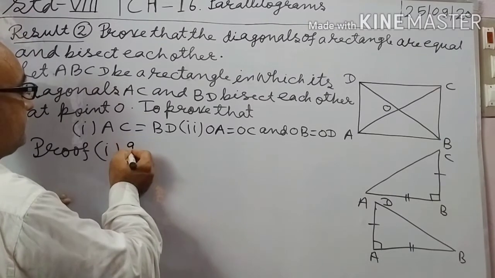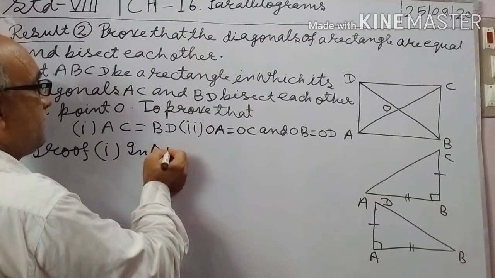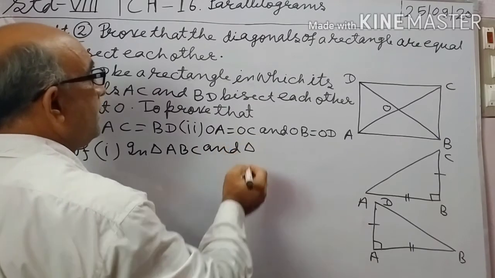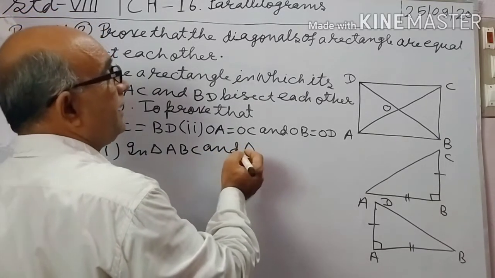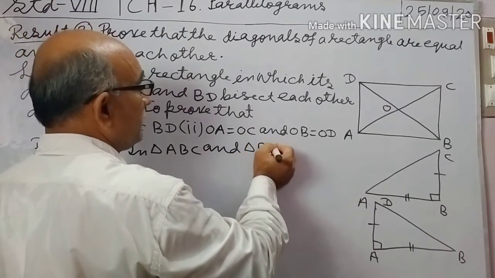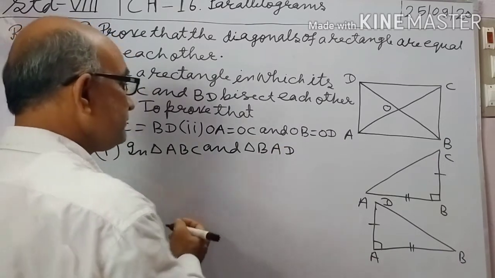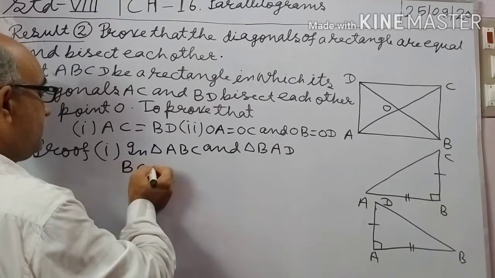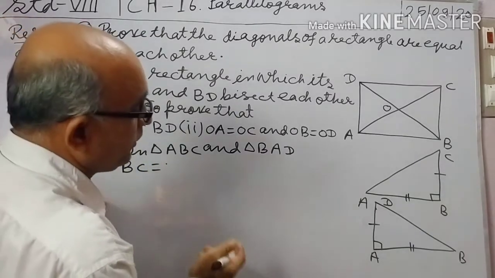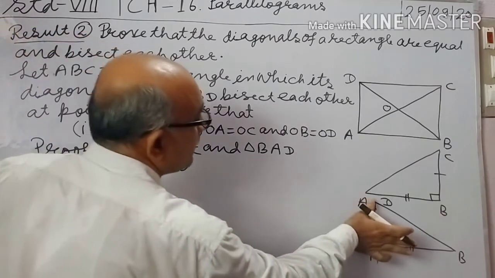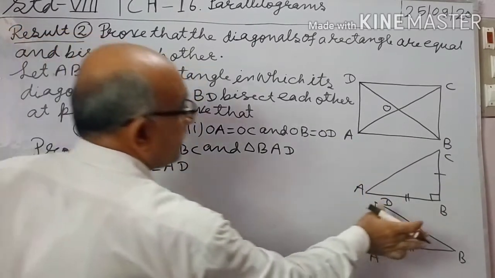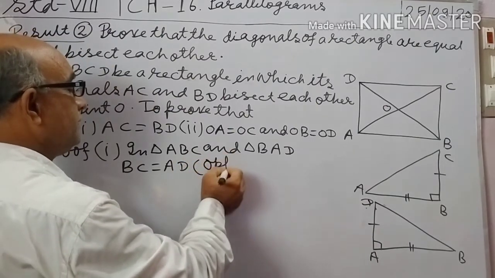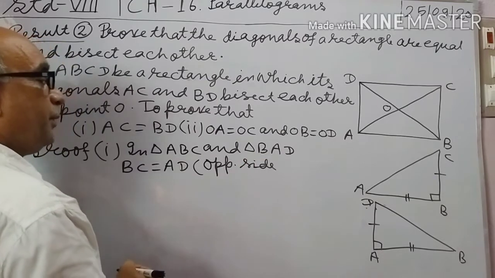So write, in triangle ABC and triangle BAD: first of all, BC equal to AD, opposite sides.